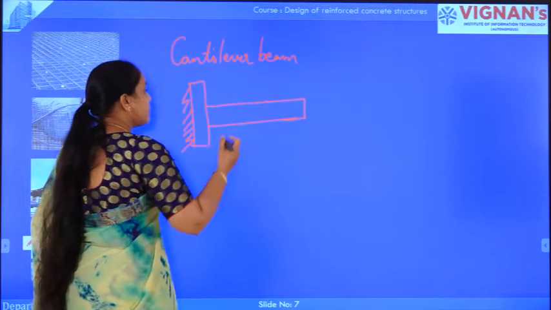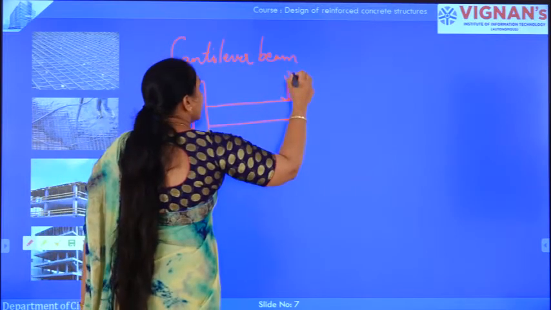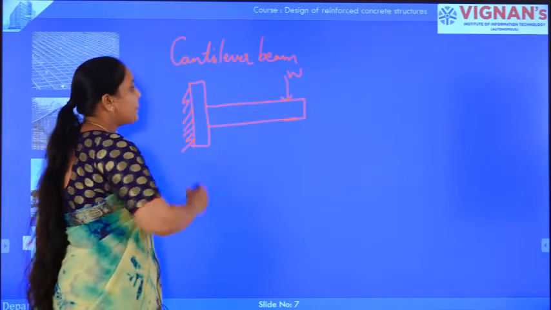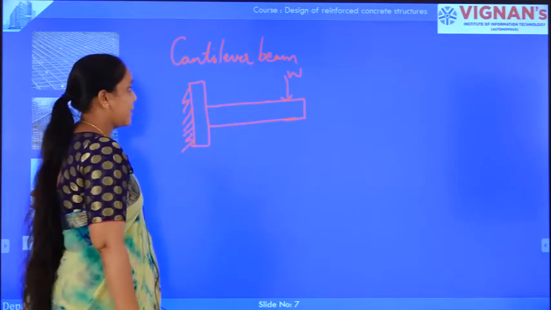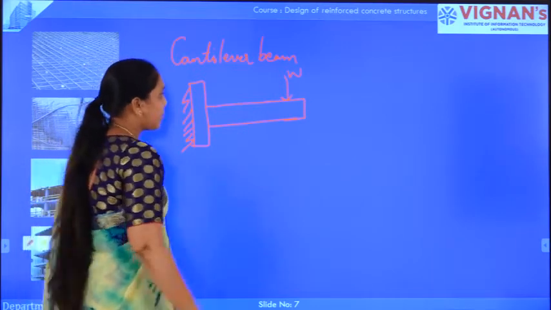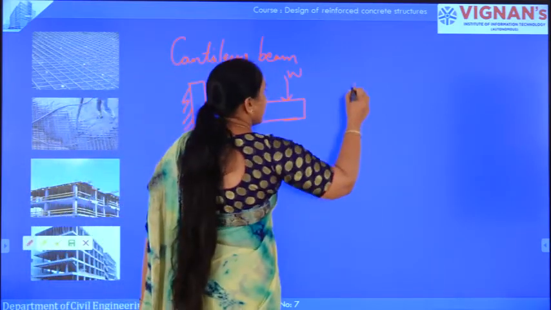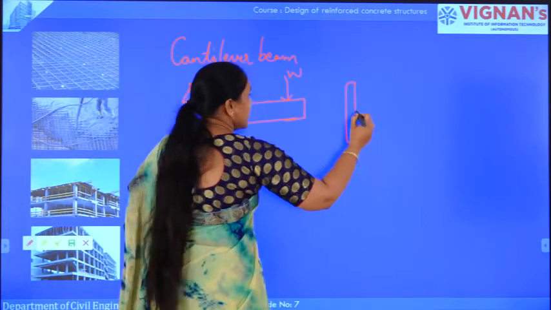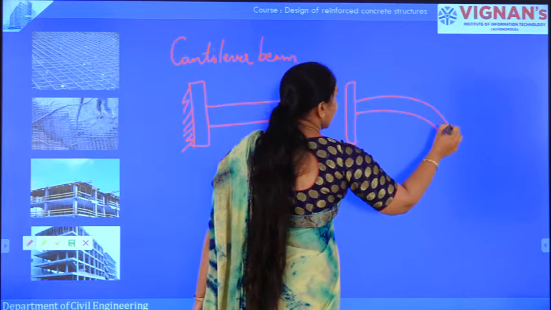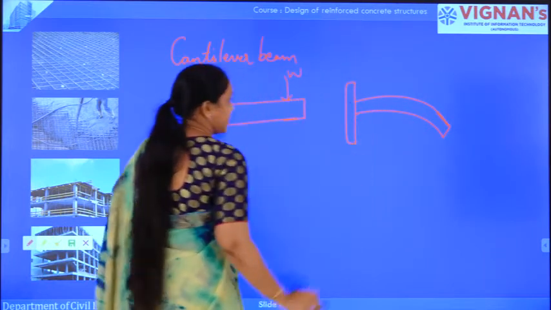If some load W is acting on this particular cantilever beam, how does this beam behave? This particular beam is going to bend like this.